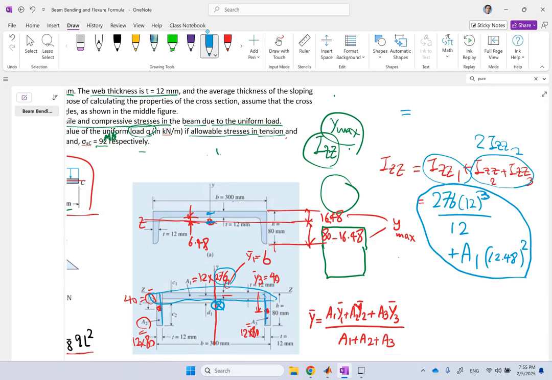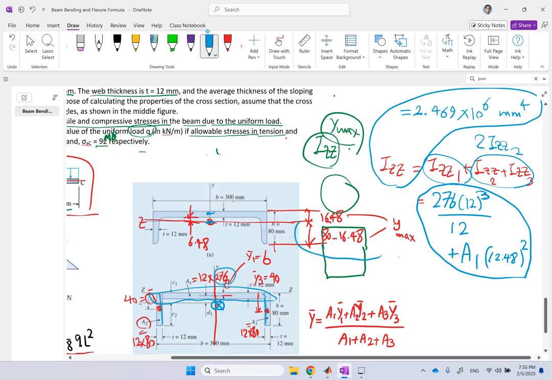The total IZZ is going to be 2.469 times 10 to the 6 millimeter to the 4. There we go. So I have IZZ now also calculated, and I have my y min and max.